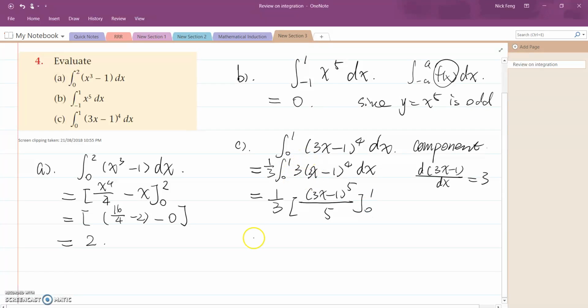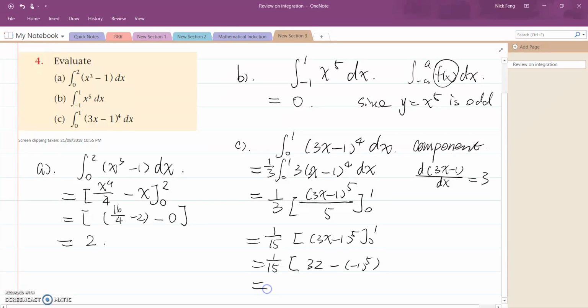That means it's gone. That is 1 on 15, substituting (3x minus 1) to the power of 5 from 0 to 1. And that will give us 3 minus 1, that is 2. 2 to the power of 5, that is 32, minus 0 in, negative 1 to the power of 5.